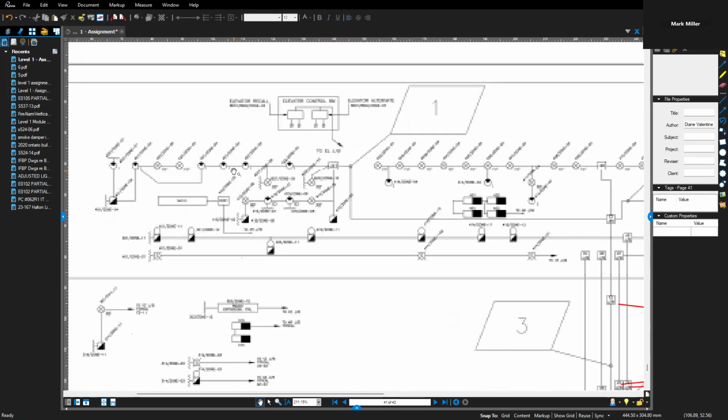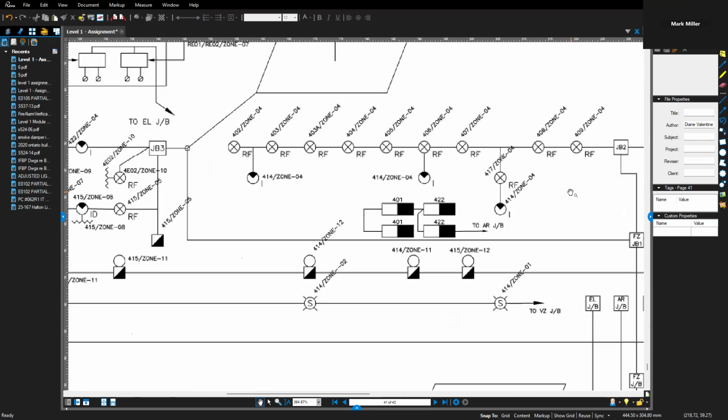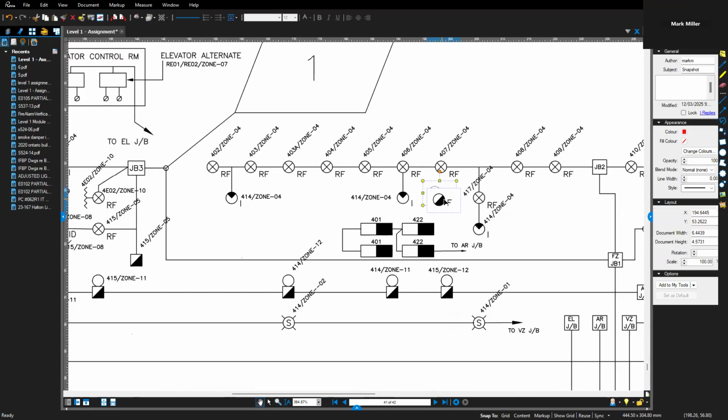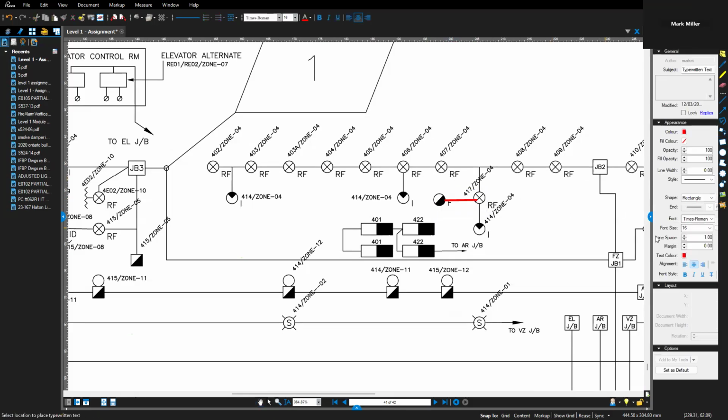Right? So I can find room 417. Right, so there's 417. The rate of rise and fixed device, and there is the device that was missing, and there it is drawn in on the line, and then we're going to call that, I believe, 418.